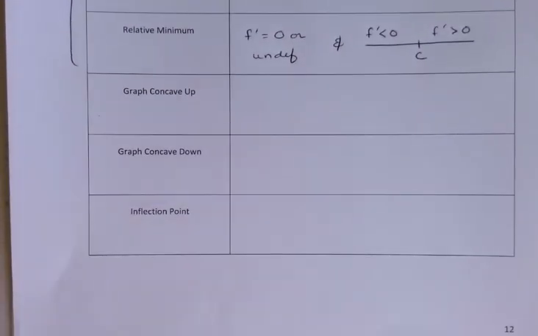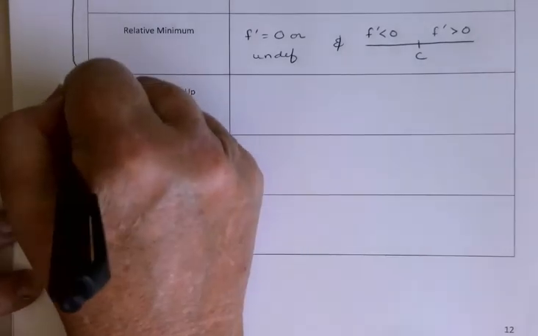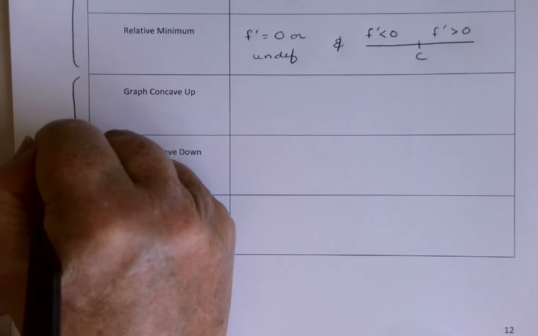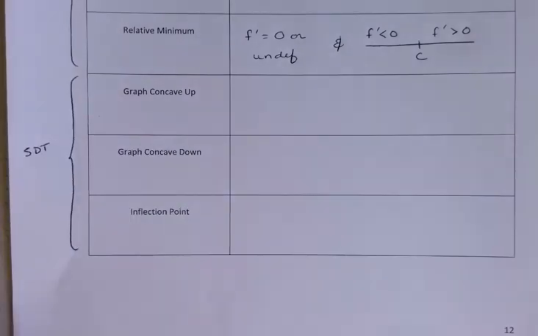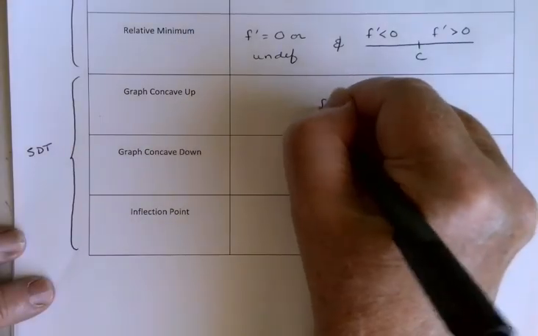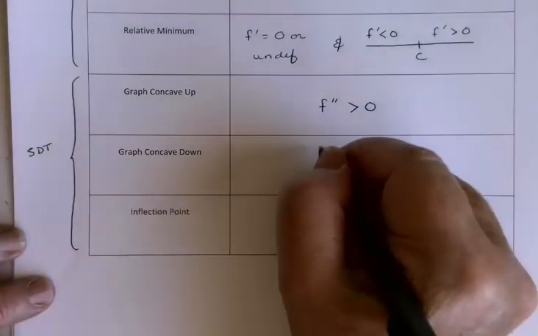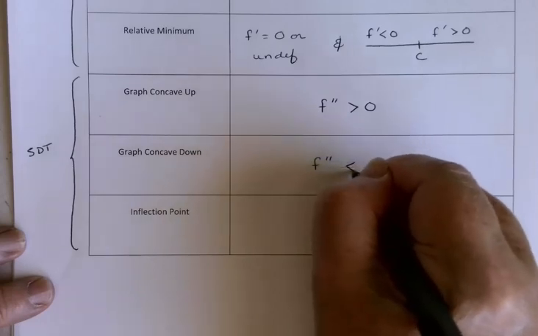When we get to concavity and inflection points, this is now stuff that our second derivative tells us about, so I'm going to call this second derivative test. Our graph is concave up if the second derivative is positive, and it's concave down if the second derivative is negative.